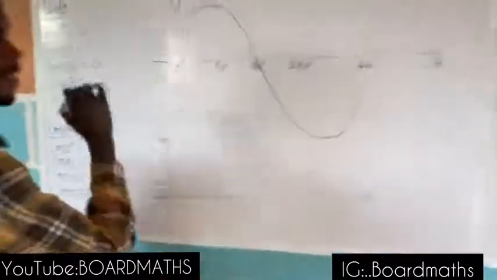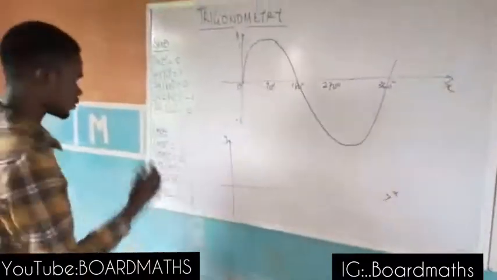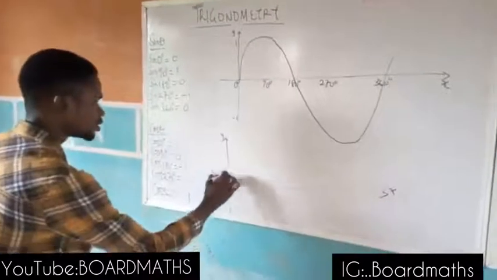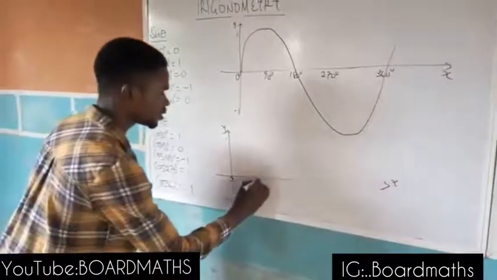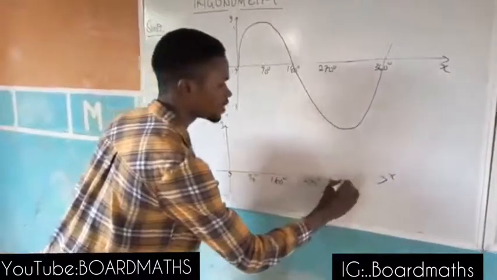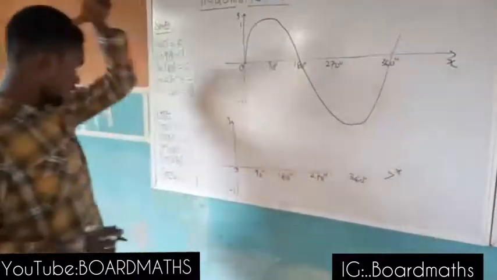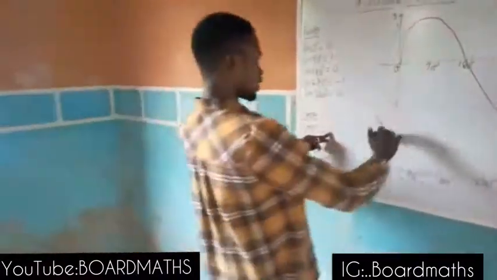So when we graph that, we have our y and our x. We have 1 and minus 1, and 0 degree, 90 degree, 180 degree, 270 degree, and 360 degree. Now cos 0 degree is 1, coming from this side.